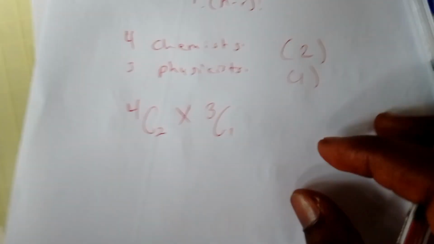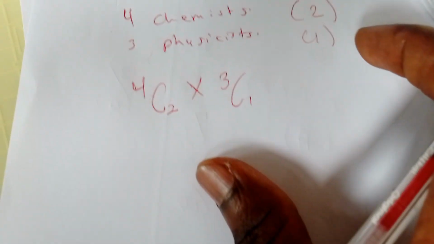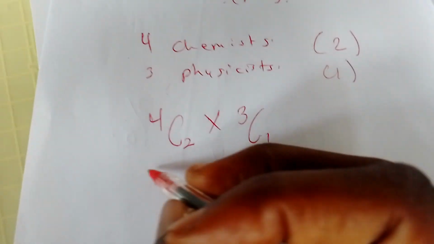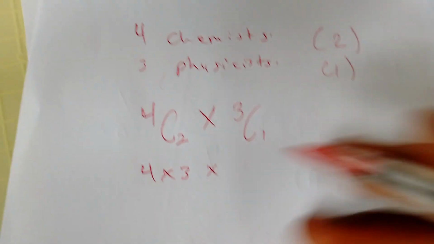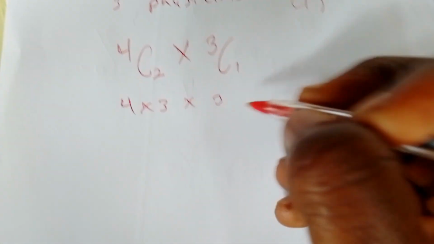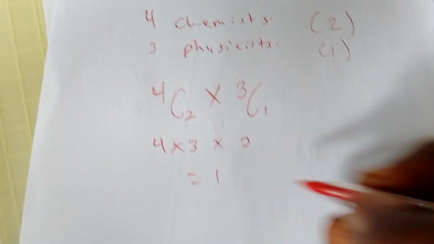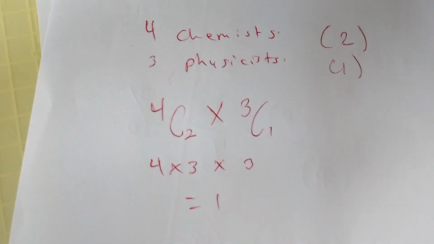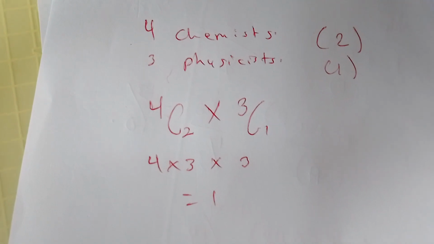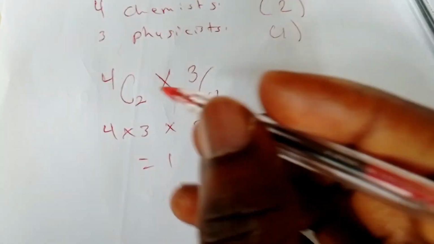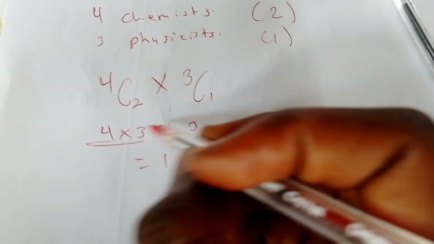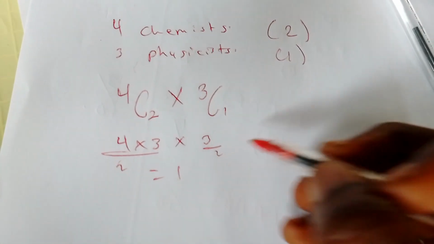So that's all. You can just put this in your calculator and get your answer, or if you want you can calculate it. So that would be 4 times 3 over 2 factorial, that's simply 2 and 2.